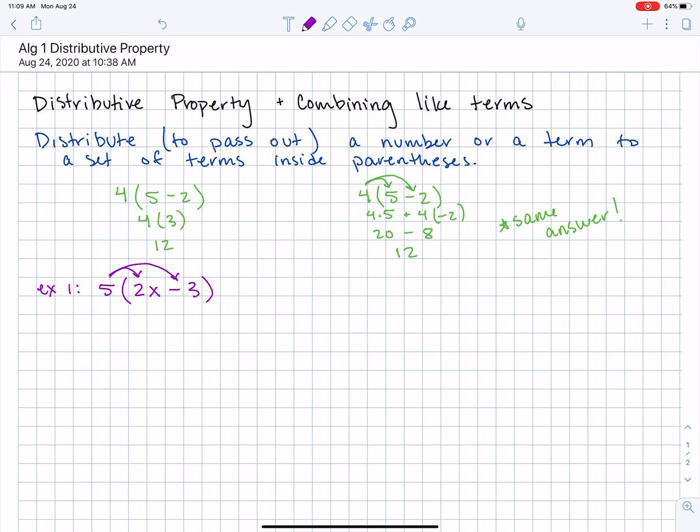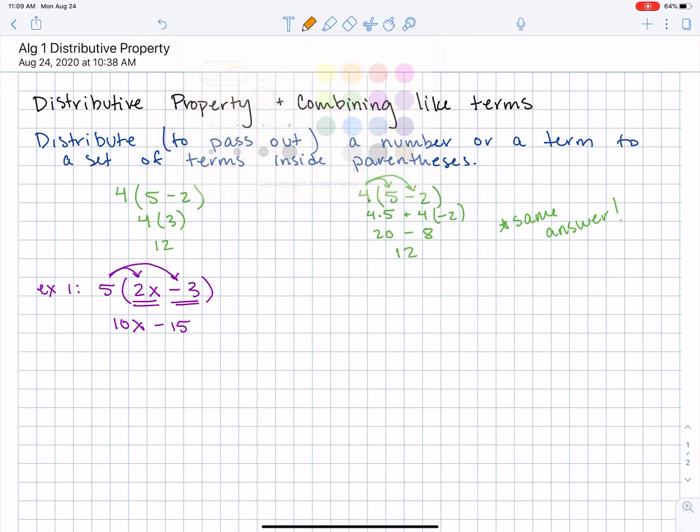So 5 times 2x, that's 10x. Now watch your sign here. 5 times negative 3 is a negative 15. And I can't combine any of these because an x and a 15, so a term and a constant, you can't go ahead and combine those. All right, so that's my final answer for that one.